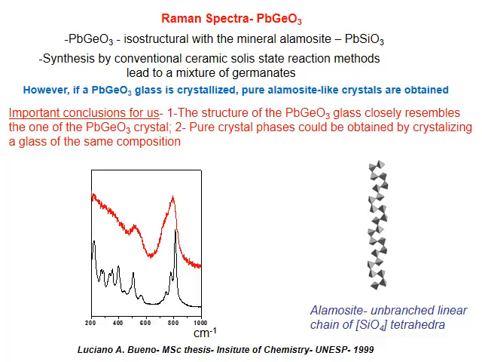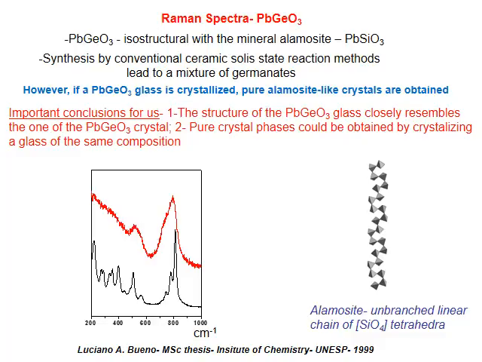By classic, I mean mixing lead oxide and germanium oxide precursors, long comminution in a mortar, pressing in pellets, and long heat treatments at temperatures given by phase diagrams, where the only stable phase was this lead germanate.